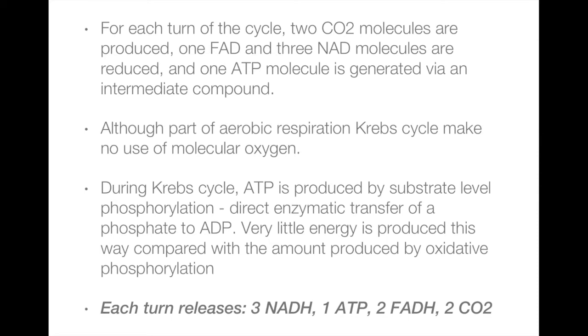The cycle generates 1 ATP per turn by substrate level phosphorylation, but most of the chemical energy is transferred to NAD and FAD. The reduced coenzymes, NADH and FADH2, shuttle high-energy electrons into the electron transport chain in the crista membrane, which we will see right now.